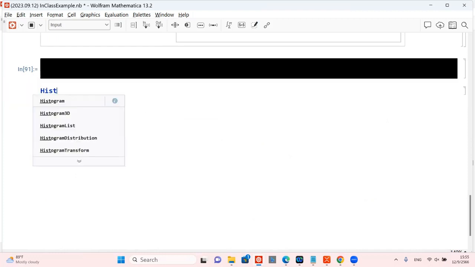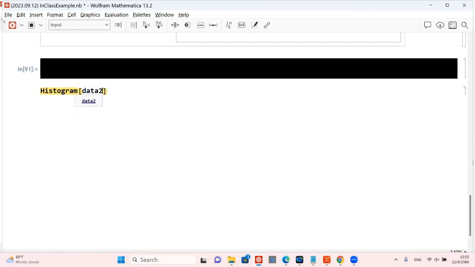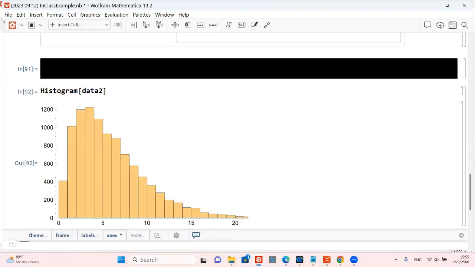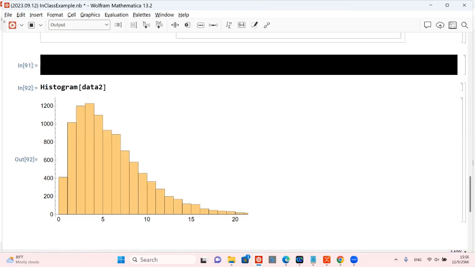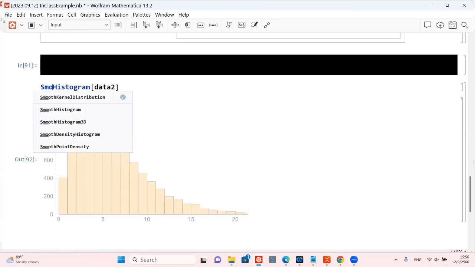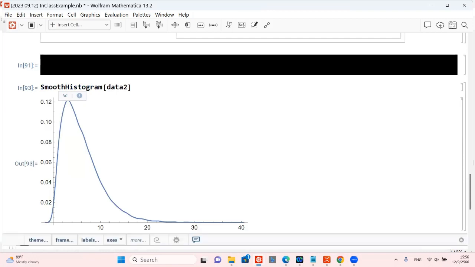Now I go histogram. I see this. Better yet, I do smooth histogram. I see this.